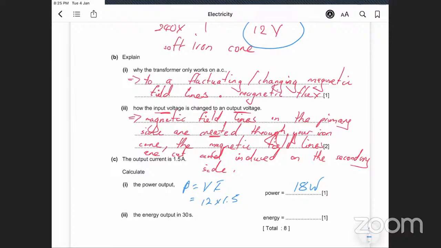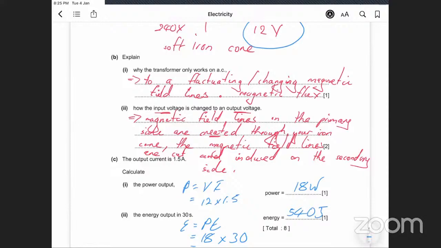Yes, exactly. So energy is equal to PT. Our power, as we calculated before, is 18 watts, so we're simply multiplying by how many seconds? 30. What is my answer? 18 times 30? 540 joules. That's my answer there.